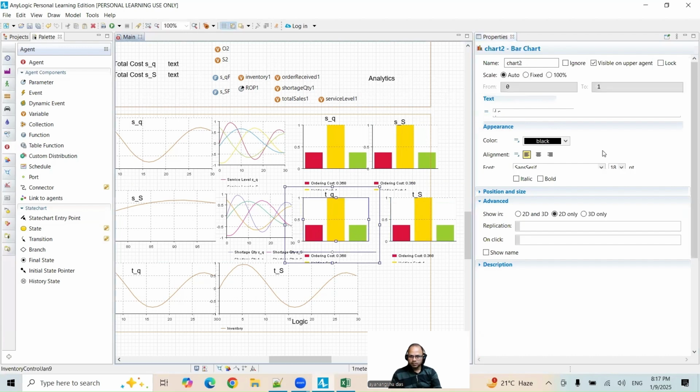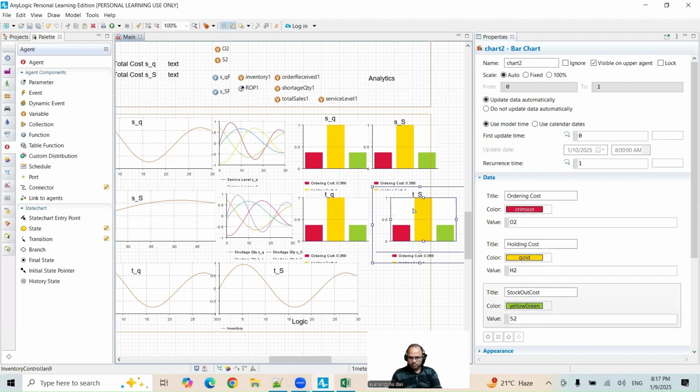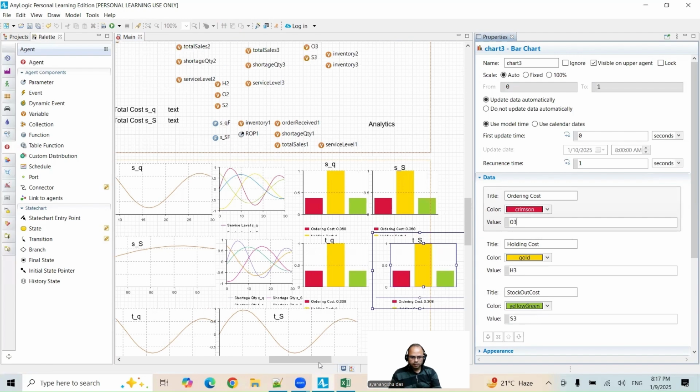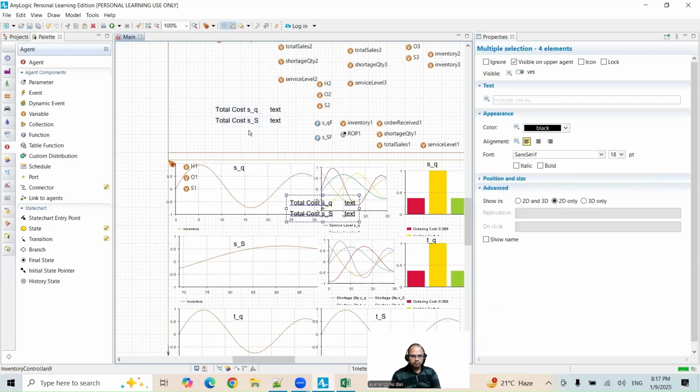We'll have the proper variables declared. And also we'll declare the total costs, two more costs for TQ and TS.